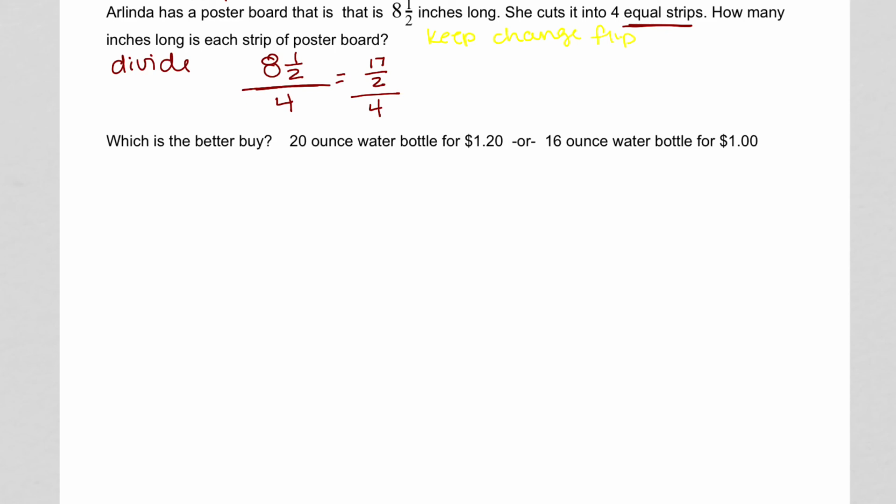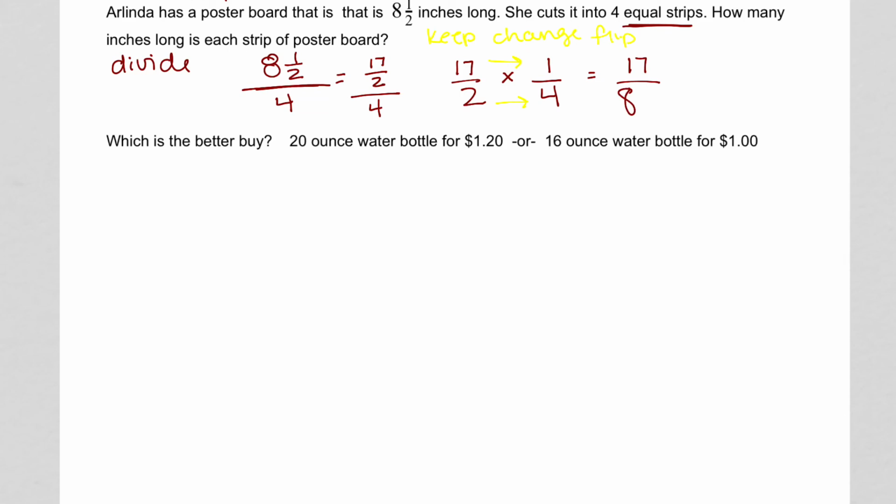So my first fraction is 17 over 2. I'm going to keep that. And then instead of dividing by 4, I'm going to multiply by the reciprocal. So instead of divided by 4, I'm going to multiply by 1/4. So we just go straight across the top, straight across the bottom. 17 times 1 is 17. 2 times 4 is 8.